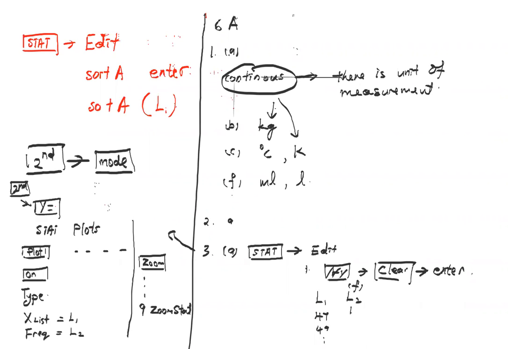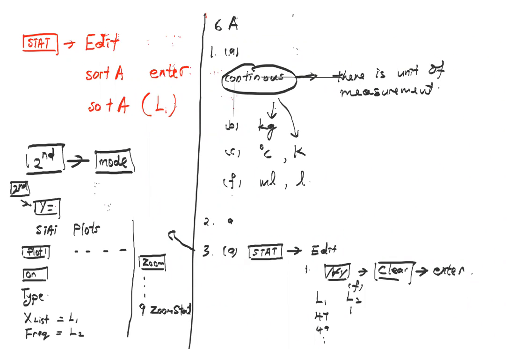Is there anything come up? How come mine got nothing come out? Oh, my plot is not highlighted. So you press second, press Y equal to.